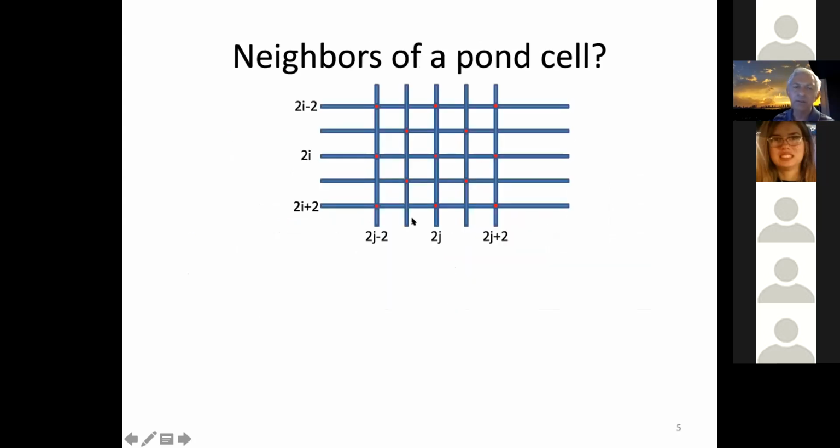So if I'm told that there are horizontal grid lines and vertical grid lines, and the barriers are at the intersections of these, but they're not at every one. They're only at alternate ones. And you see these red dots here. The red dots are where the barriers are, and that's where you either flip horizontal or vertical.